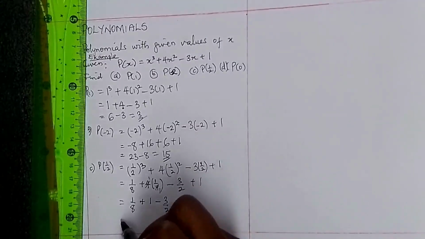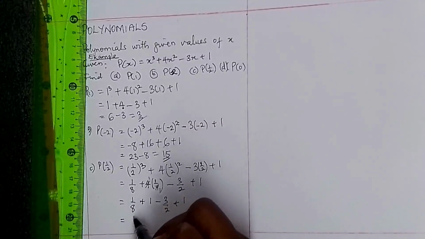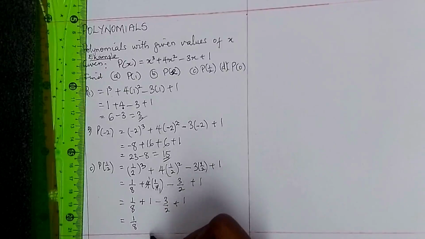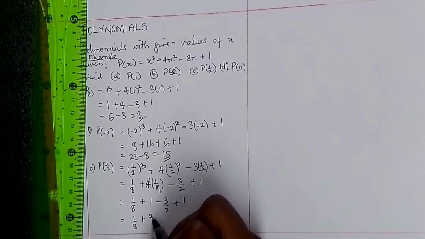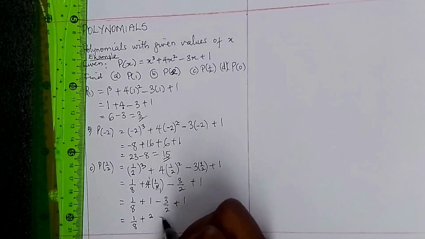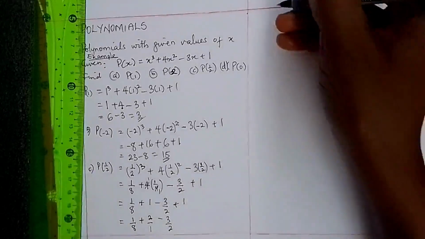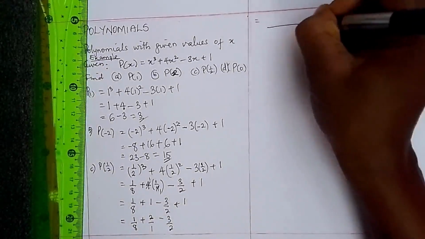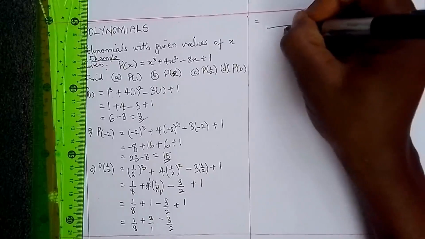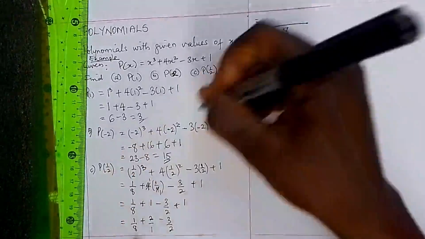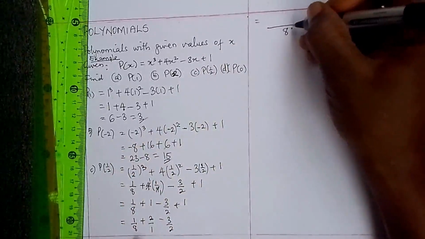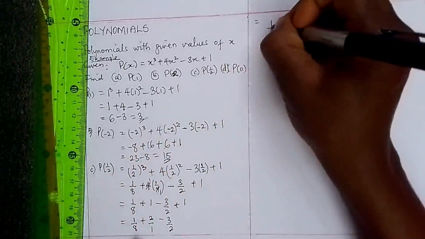So what we have here now is 1/8. 1 plus 1 gives us 2. Plus 2 minus 3/2. So now let's make everything a fraction so that we'll be able to solve the fraction. The LCM of 8, 1, and 2 is 8. 8 divided by 8 is 1, 1 times 1 is 1.